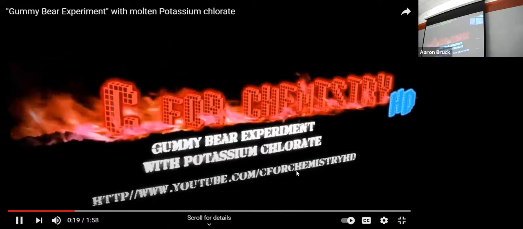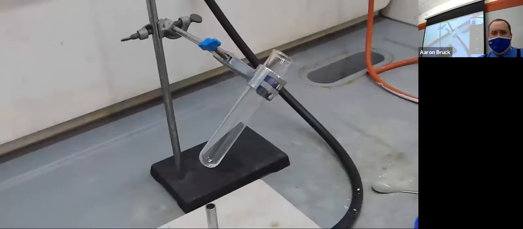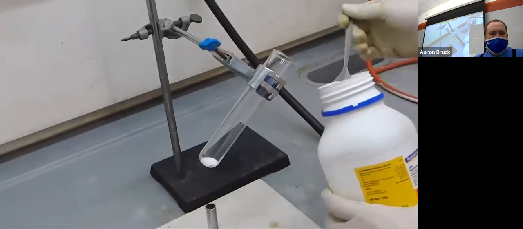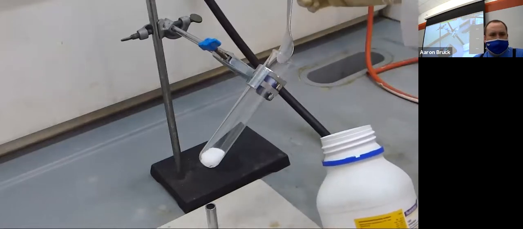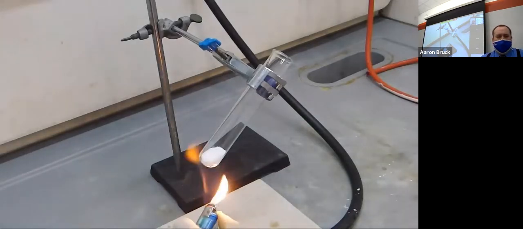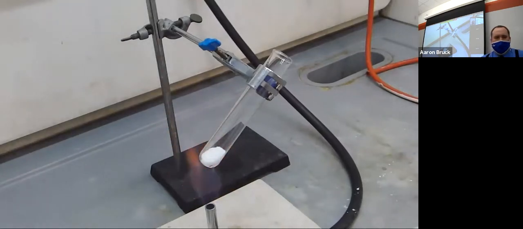Welcome to C4 Chemistry. Gummy bear is a sugar-rich candy. It could readily oxidize under oxygen-rich environment. Bunsen flame hits the tube evenly by torching it at different angles. Pure potassium chloride melts at 356 degrees Celsius with decomposition.